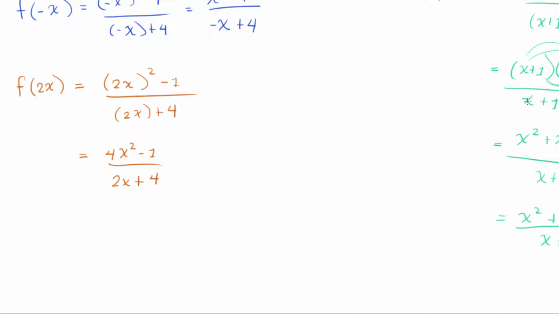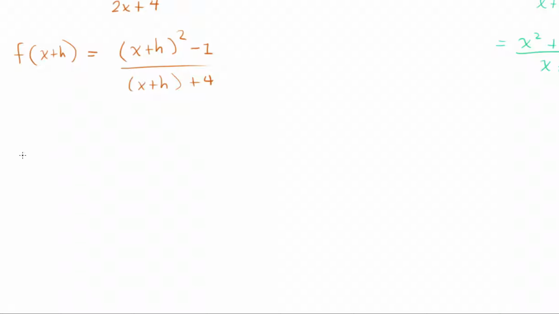The next one is f of x plus h. Okay, similar to the x plus 1, wherever you see x, you're going to substitute x plus h. So you have x plus h squared minus 1 over x plus h plus 4.